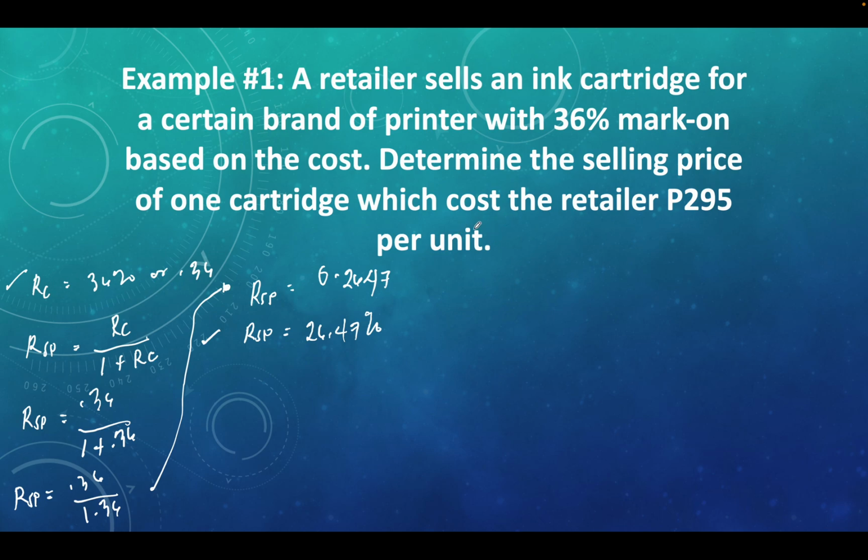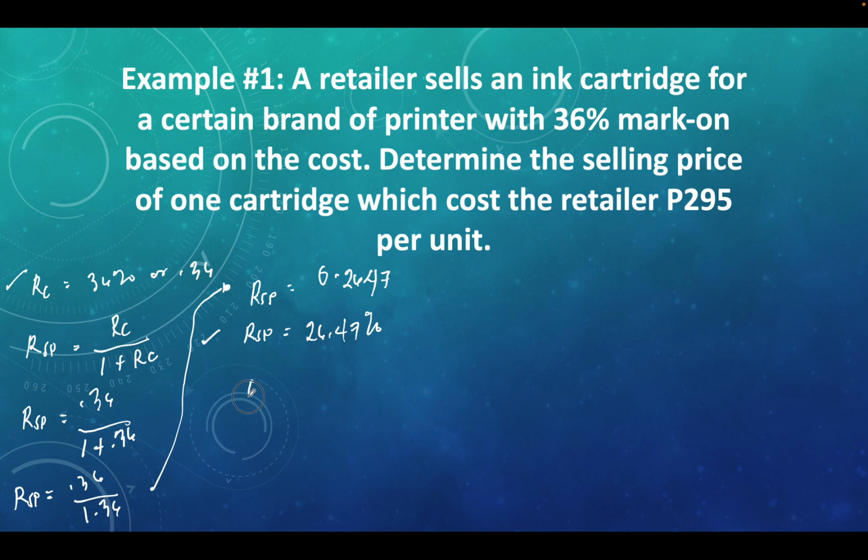Dapat pareho yung makuha ninyo, or hindi man siya pareho, kasi nagbawas na tayo ng digits dito. Kapag kinuha natin lahat ng number, saktong-sakto, pero dapat hindi masyadong malayo, halos 0.1 lang yung difference nila.